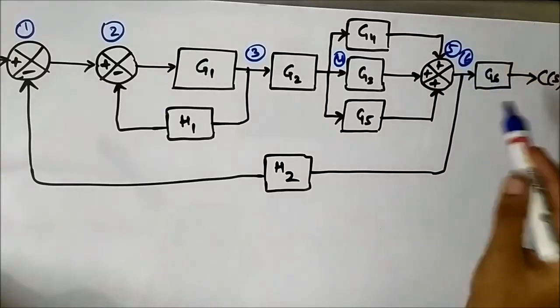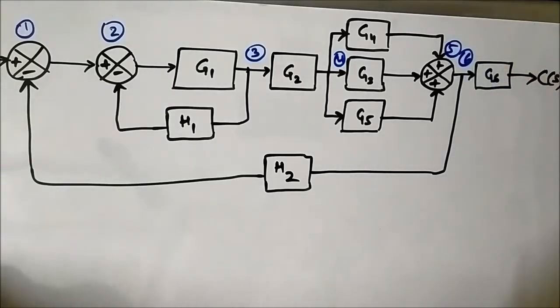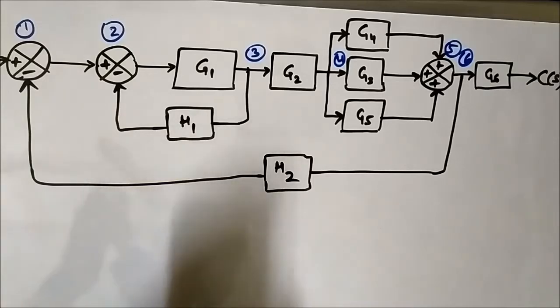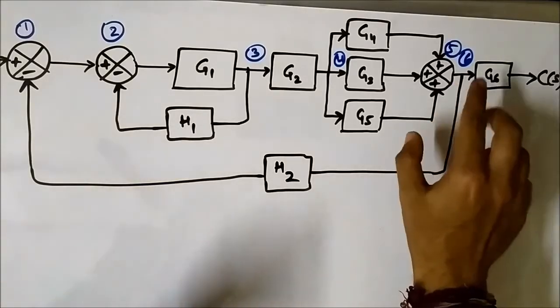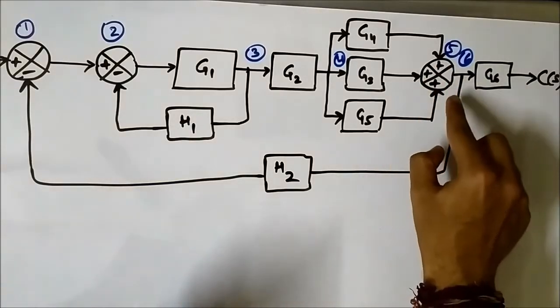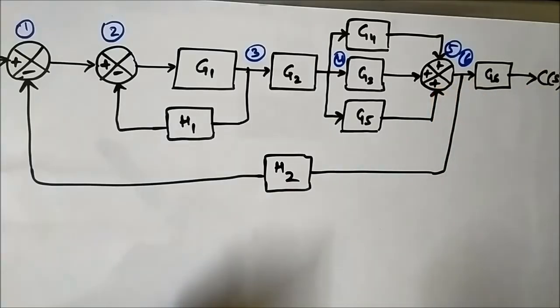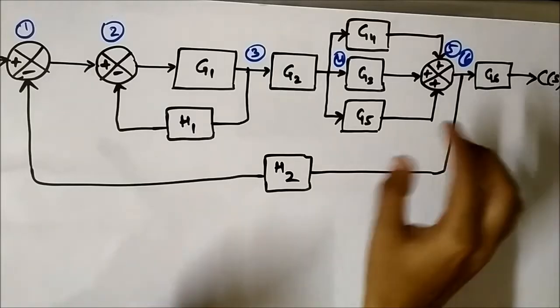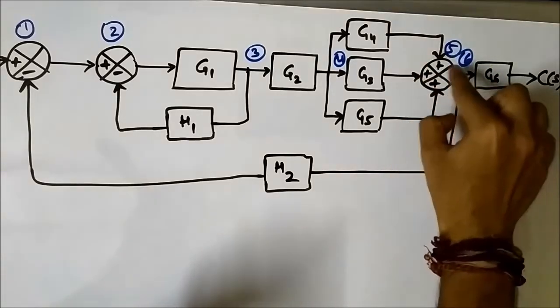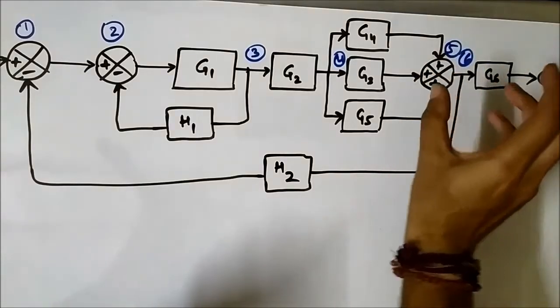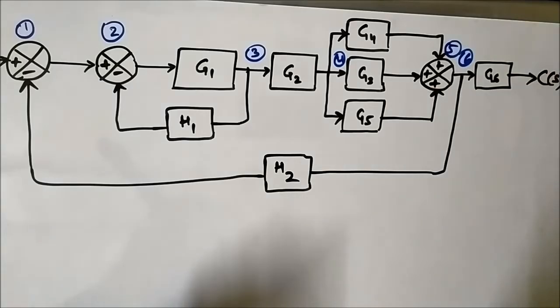Another critical point here: there are two ways in which we can approach a situation where there is a takeoff point immediately after a summing point. You can either take both of these, summing point and takeoff point, together as one node, or you can take them as two separate nodes.